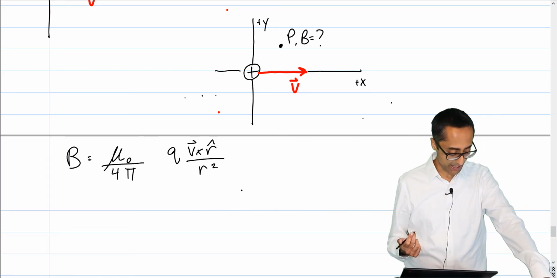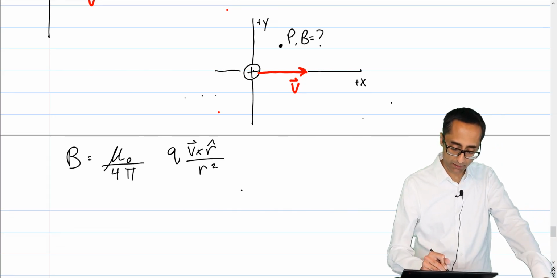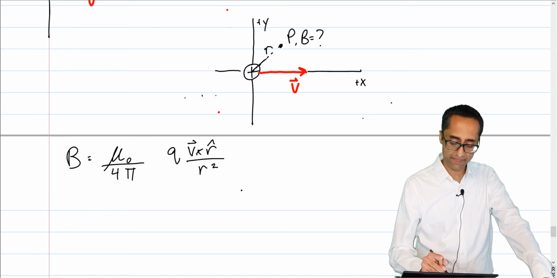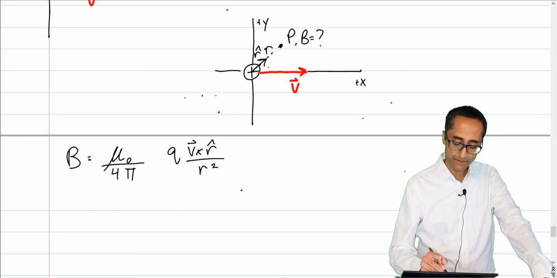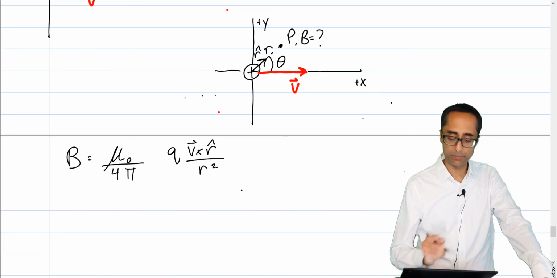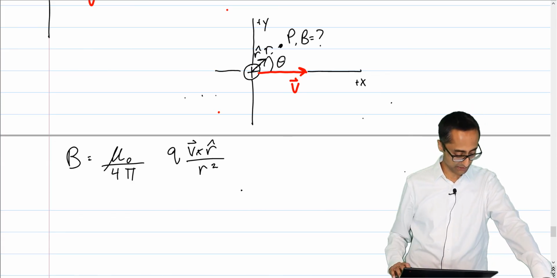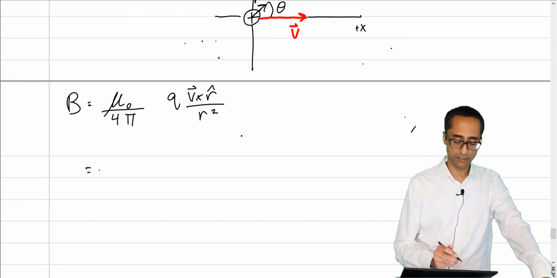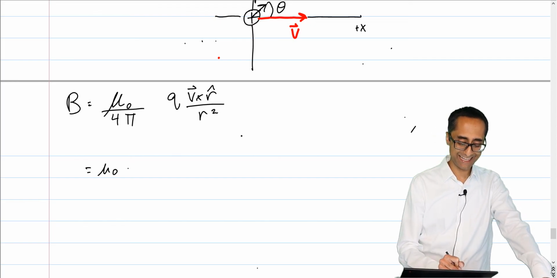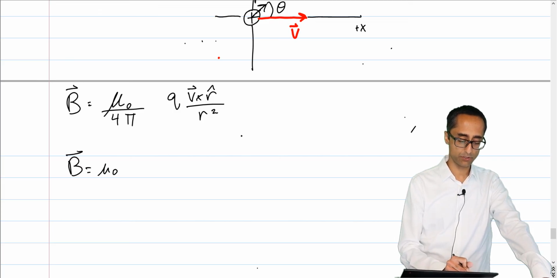And so the only thing I want to add to my diagram here is r, that this distance here is little r, and that this vector here is our r hat. And that angle there will be theta, which we will need as soon as we take our equation and do the magnitude of it. So that's the B vector equation.